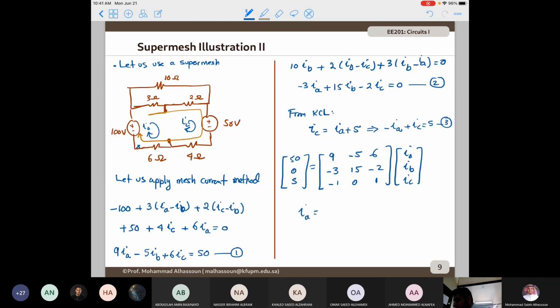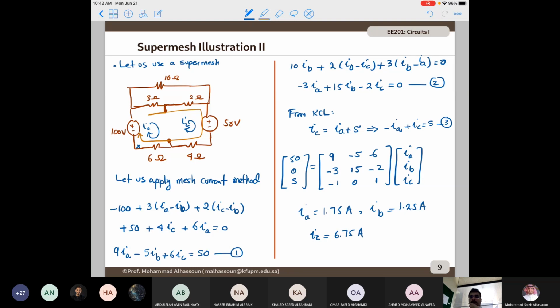If I solve for it, I will get IA equals to 1.75 amperes, IB equals to 1.25 amperes, and IC equals to 6.75 amperes. So any questions, Shabab?